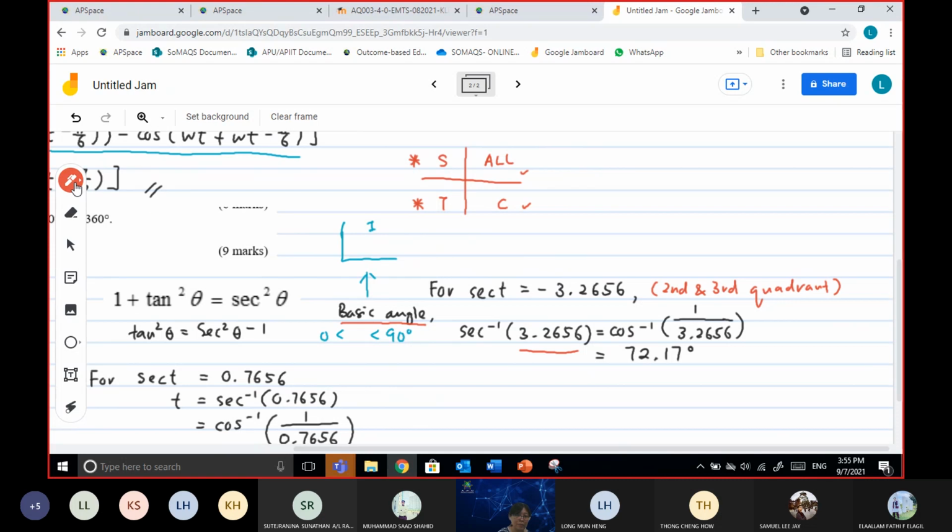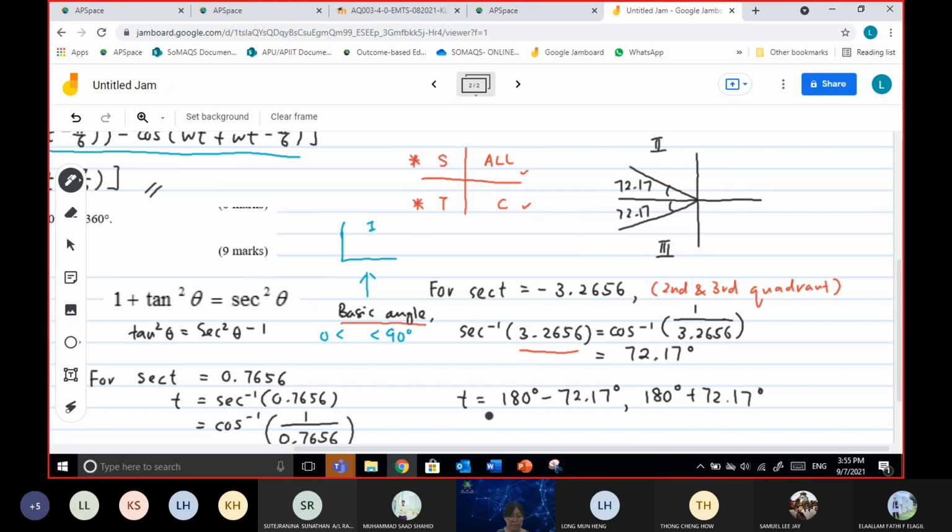Then let's proceed. What is your t? Since we said the second and third quadrant, with a basic angle of 72.17, the second quadrant will be 180 minus 72.17, and the third quadrant will be 180 plus 72.17.